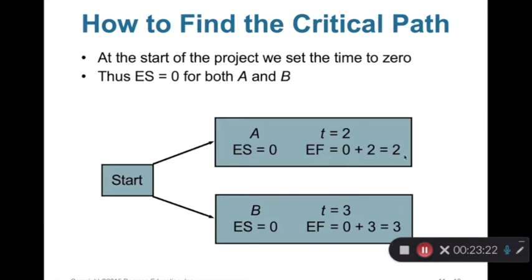So EF equals 2. B also has no immediate predecessors, that's why ES for B is 0, and 0 plus 3 equals 3. So EF for B is 3. This is the way we calculate EF based on the value of ES and the value of expected activity times.